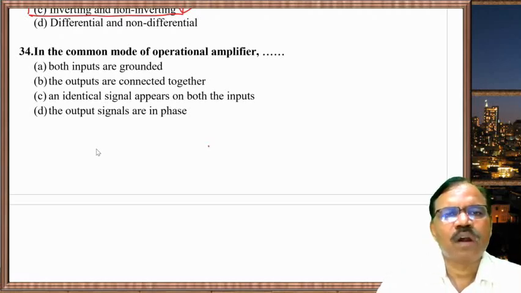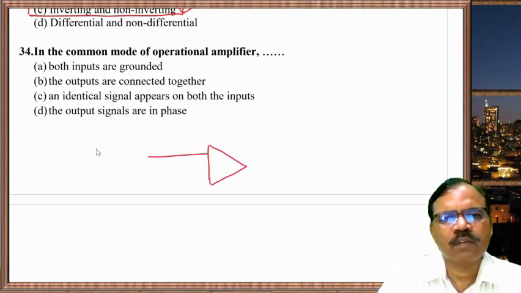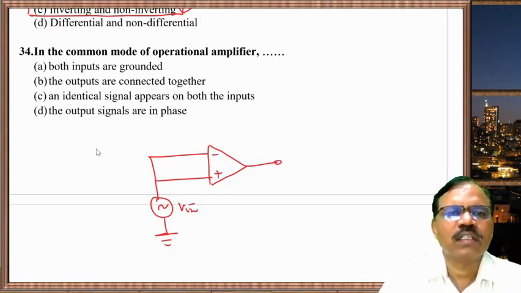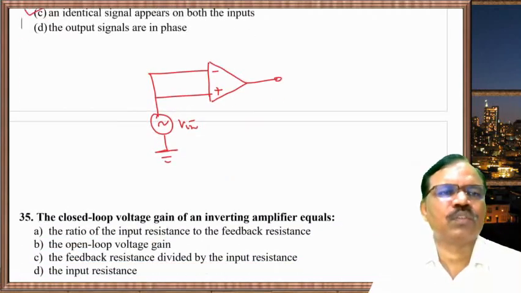Actually in common mode, we apply the same signal Vin to both the terminals, inverting as well as non-inverting. So here an identical signal appears on both the inputs.